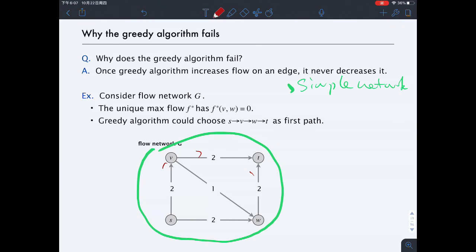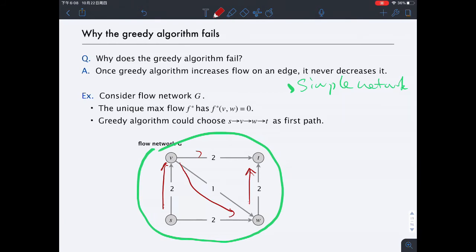But now let's also try to execute our greedy algorithm and see what sort of problems we are facing. When we run our greedy algorithm, there's no guarantee on the order of the paths we are going to find. For instance, if we decide to run a search algorithm, it may identify this path.